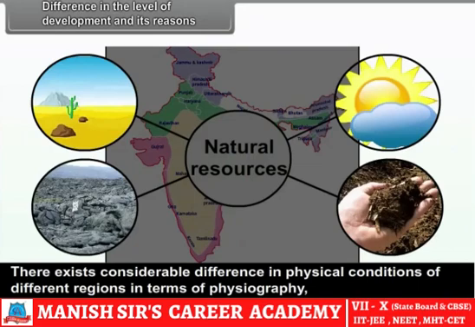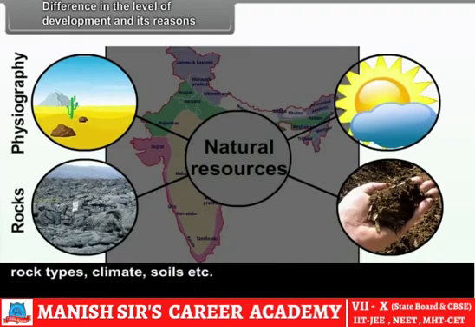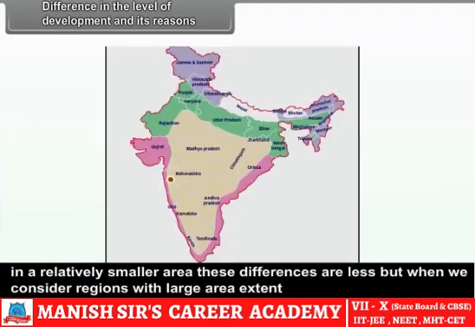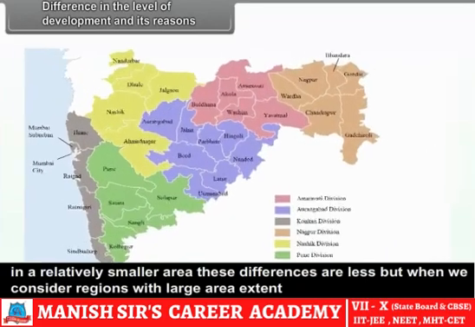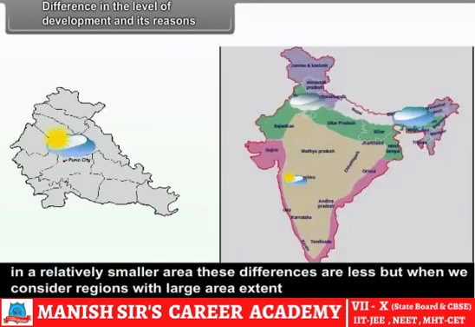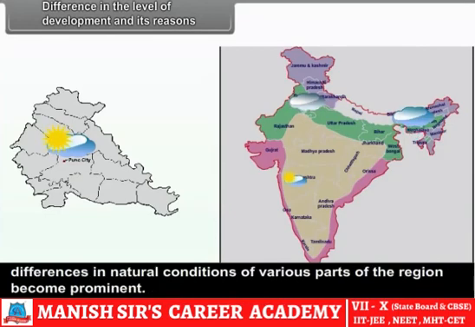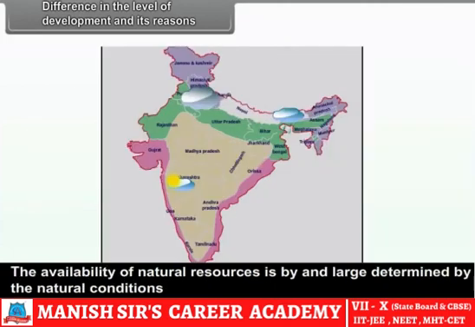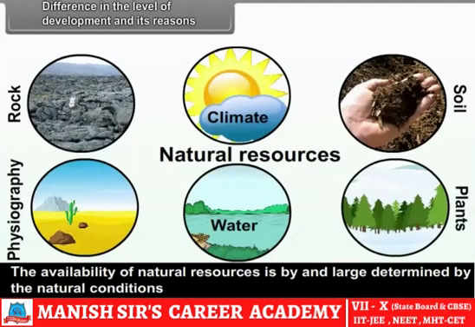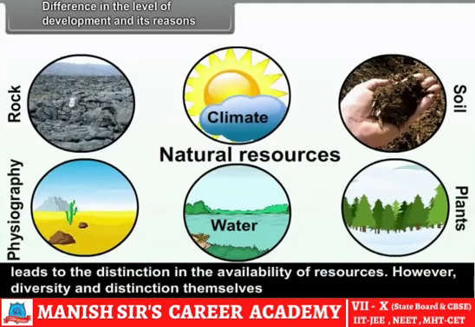There exists considerable difference in physical conditions of different regions in terms of physiography, rock types, climate, soils, etc. In a relatively smaller area, these differences are less. But when we consider regions with large area extent, differences in natural conditions of various parts of the region become prominent.